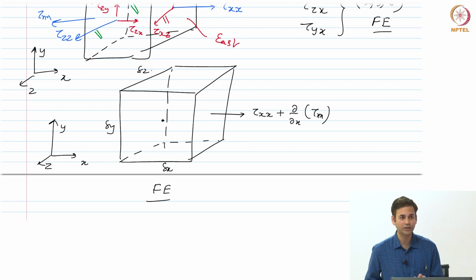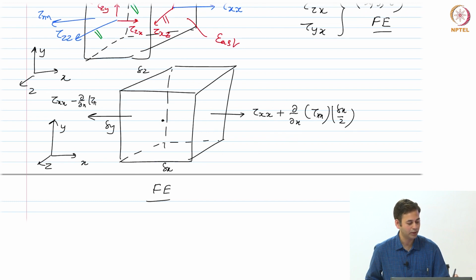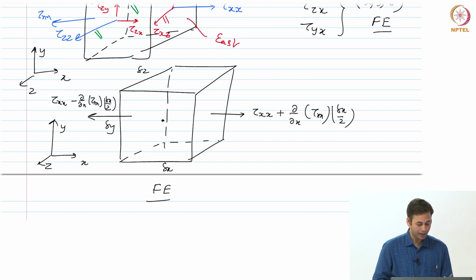So this would be partial x tau xx times delta x by 2, because we define tau xx at the centroid of this fluid element. Then in which direction would the tau xx on the west plane act? It will act in this direction. This would be tau xx minus partial x tau xx delta x by 2. So that is what we have here.